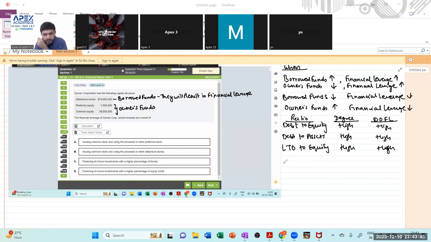Why are they high? Because debt is high. But when debt to equity is low, degree of financial leverage is low.